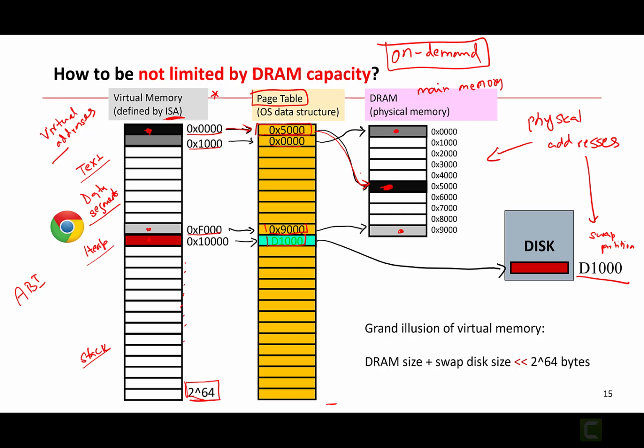It's possible that many of these addresses have not yet been allocated, and if they have not been allocated, the corresponding entries for them in the page table would be set to invalid. Okay, so now let's go through the implementation of this page table and understand the mechanics of the address translation.